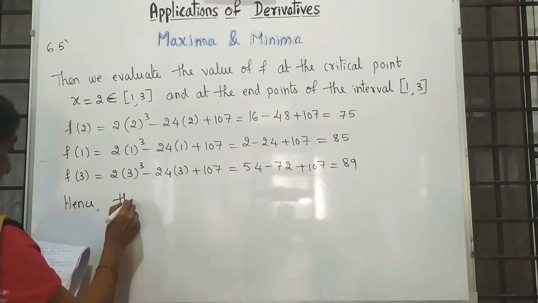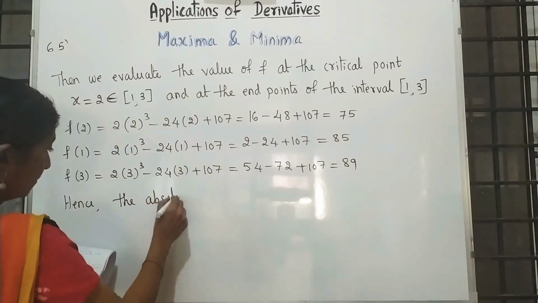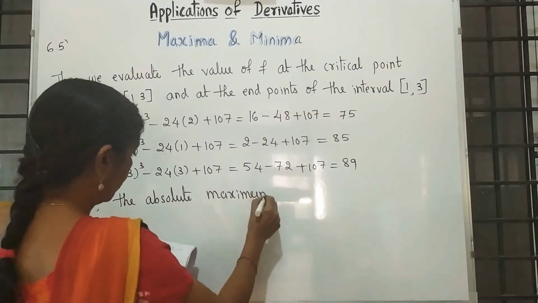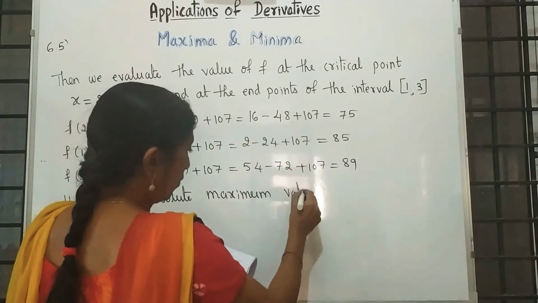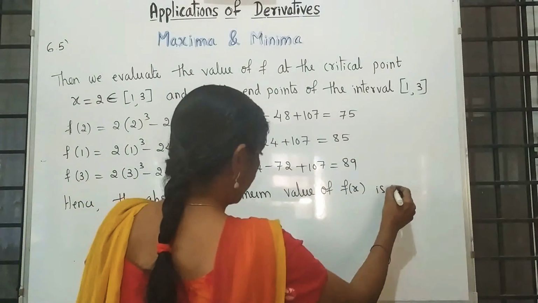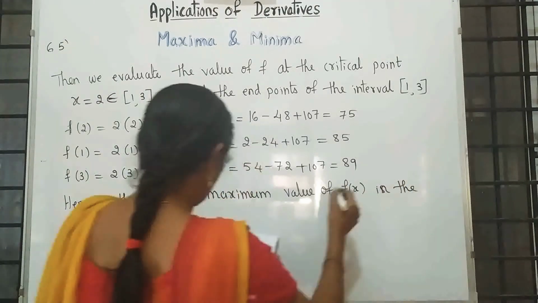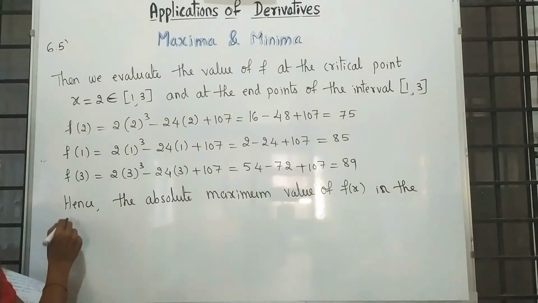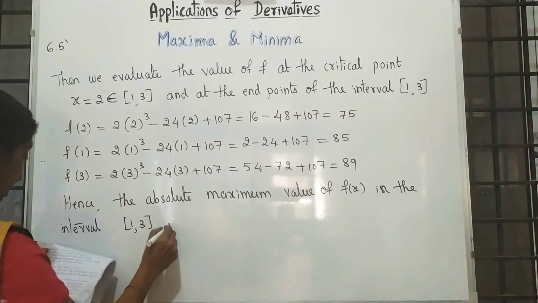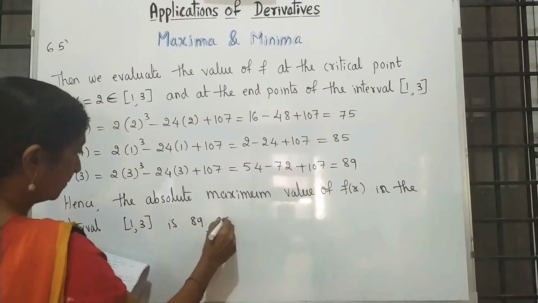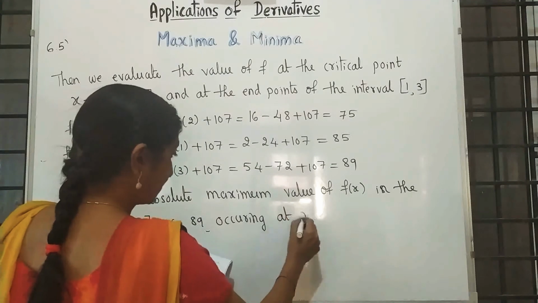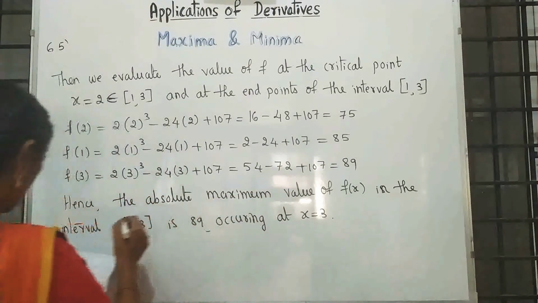Hence the absolute maximum value of f of x in the interval 1, 3 is 89, occurring at x is equal to 3.